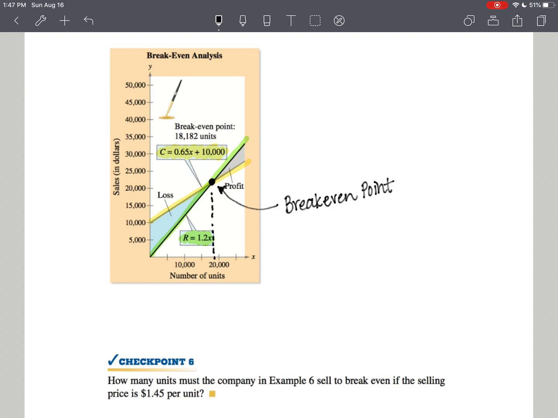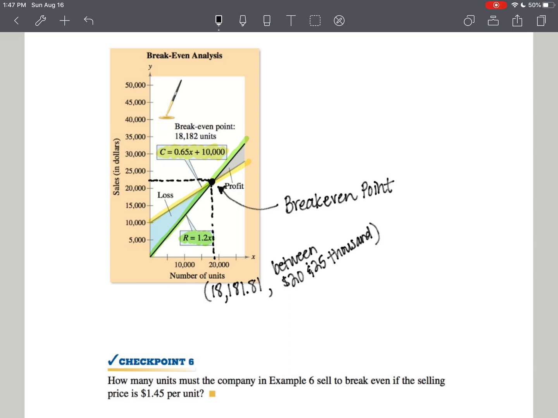So where they intersected was right about at 18,181.81 units, and our sales in dollars would have been between $20,000 and $25,000 in sales.